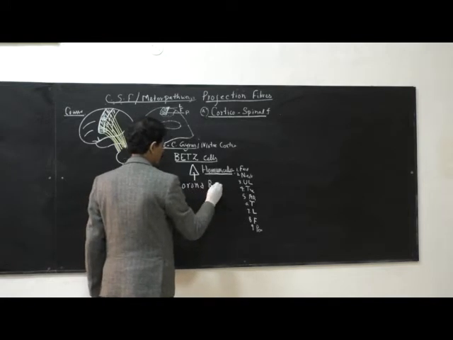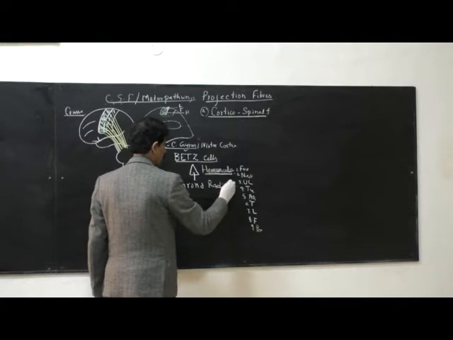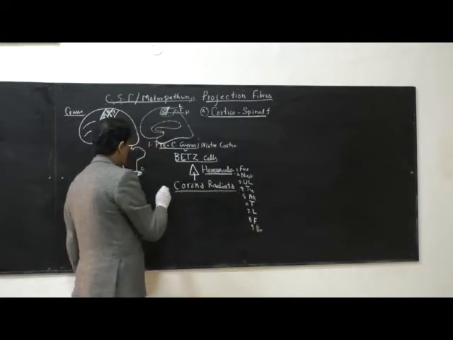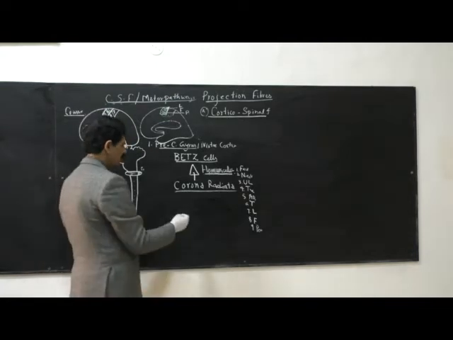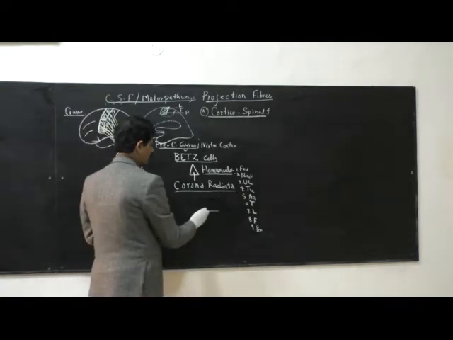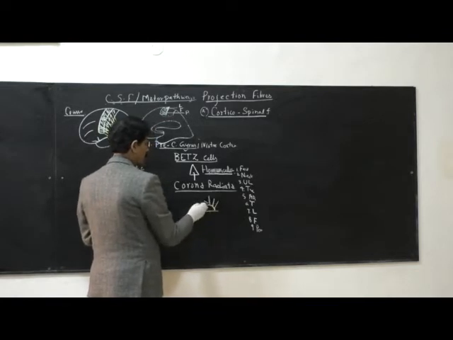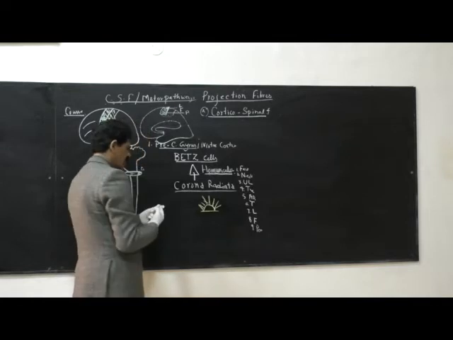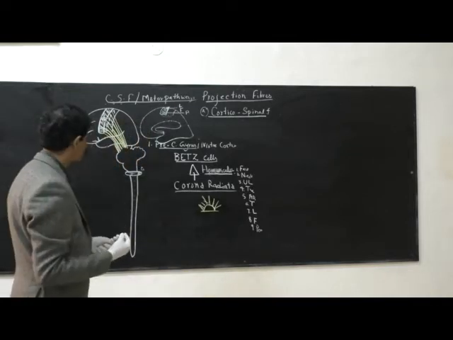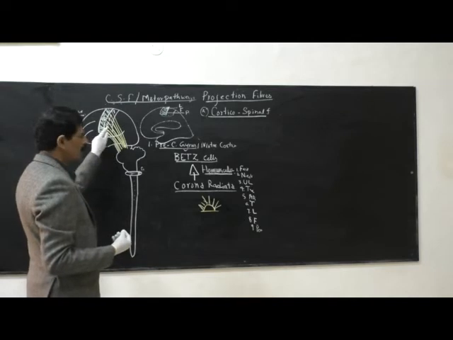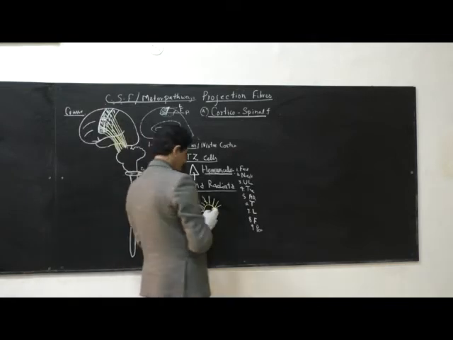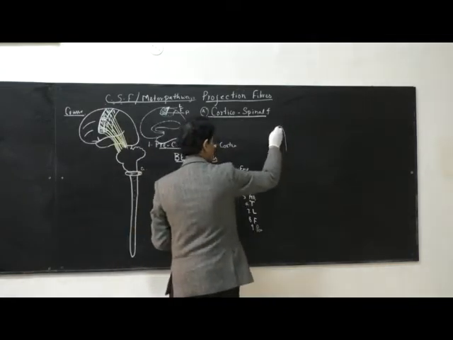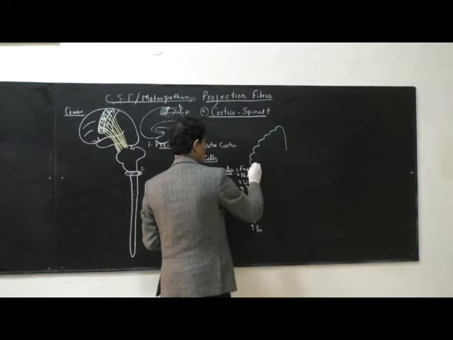Corona radiata is the name given to the descending corticospinal fibers, because corona radiata means they look like the rays of the sun, and the rays of the sun arise like this. So this area is called the corona radiata. In the coronal section, when we see this strip of grey matter, the precentral gyrus, this is the coronal section.